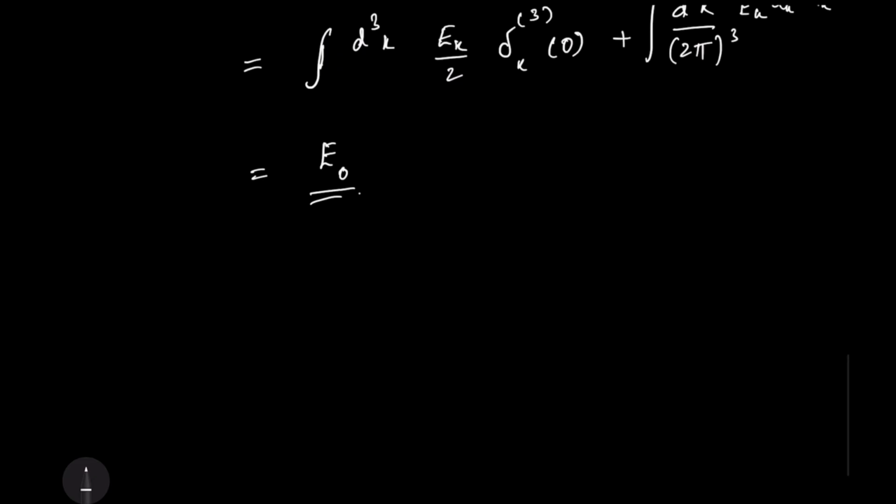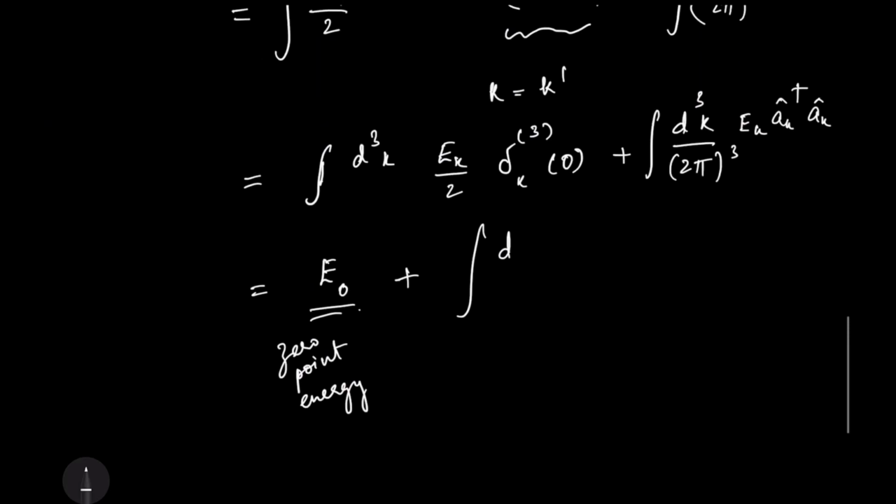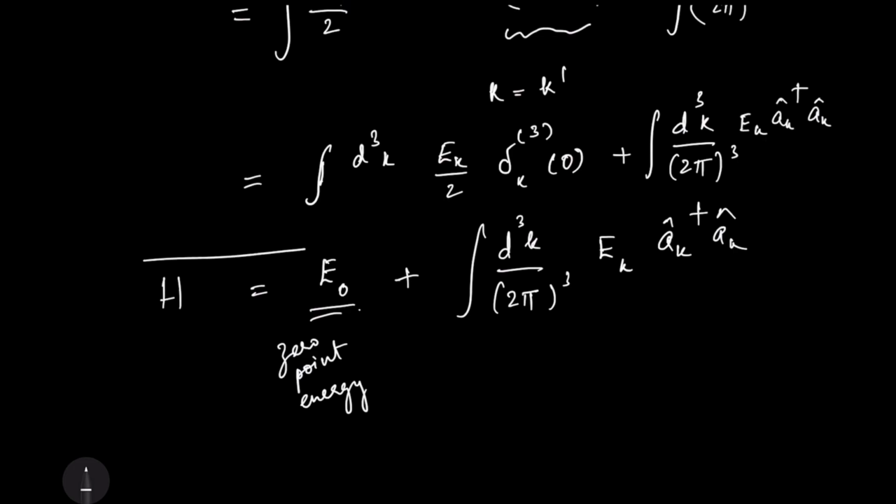So here the first term will be the zero point energy, and this will be the total Hamiltonian.